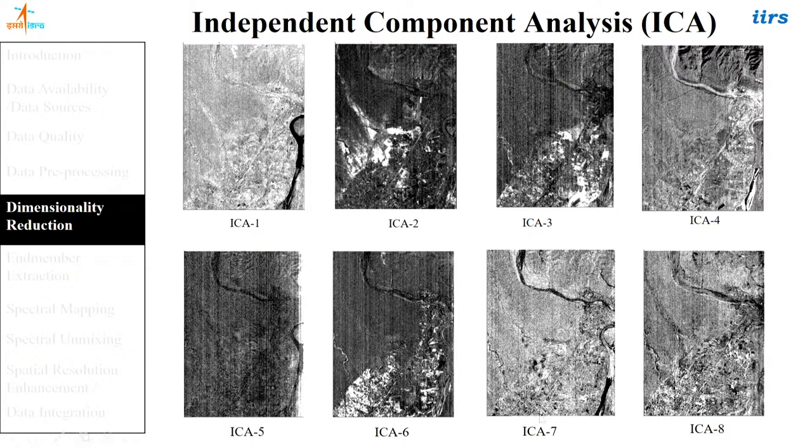So in this case you can see different features: scrubs, some type of vegetation, grassland, urban, some other kind of vegetation, agriculture field, then vegetation here. So different kinds of features are differentiated, as you are seeing in the different independent components.